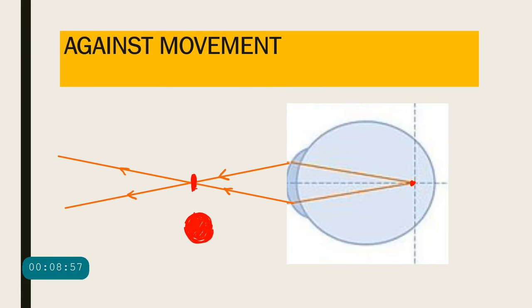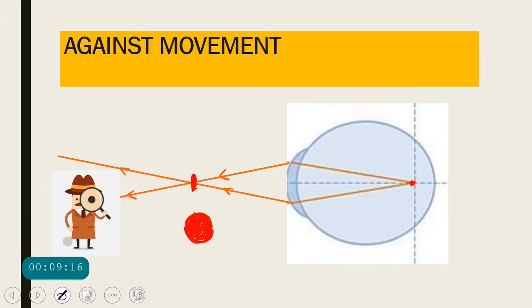However, now if you bring your detective again and sit somewhere here where the detective is sitting, what is the detective going to see? The detective is actually now seeing these rays. If you see the rays over here, the lower part of the reflex that the detective sees is actually coming from the upper part of the retina.